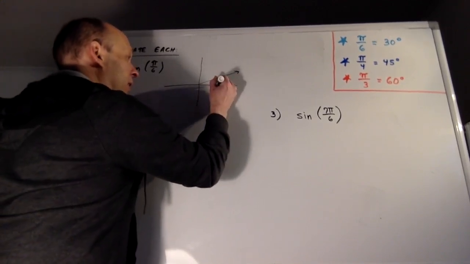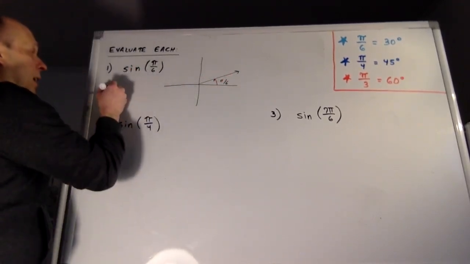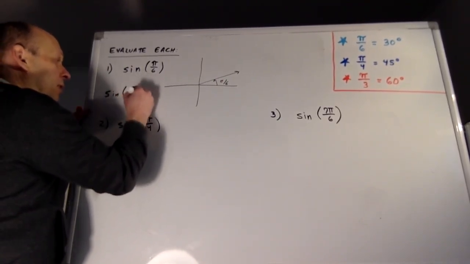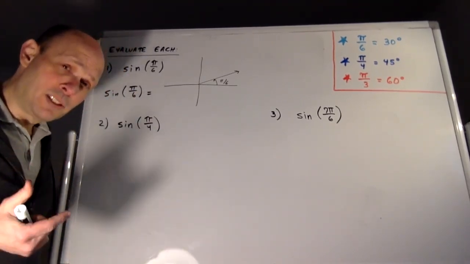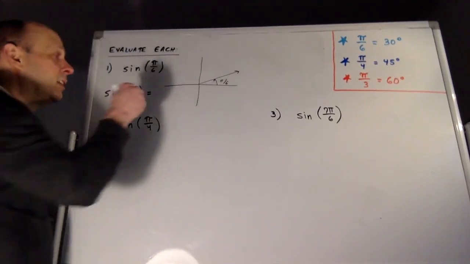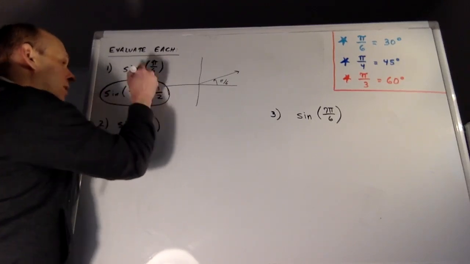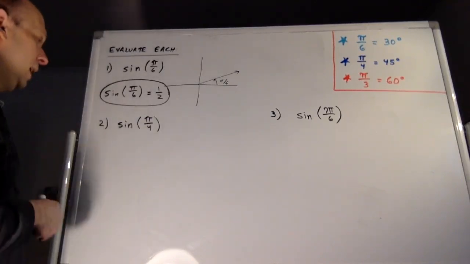So we just want to find the sine of this angle, pi over 6. And like I said, it is the same thing as the sine of 30 degrees. And that's one of the values we should know, right? So the sine of pi over 6 is the sine of 30. That's 1/2. So it's that simple, right? If we know pi over 6 is 30 degrees, the sine of pi over 6 radians is the same as the sine of 30. So that's going to be 1/2.